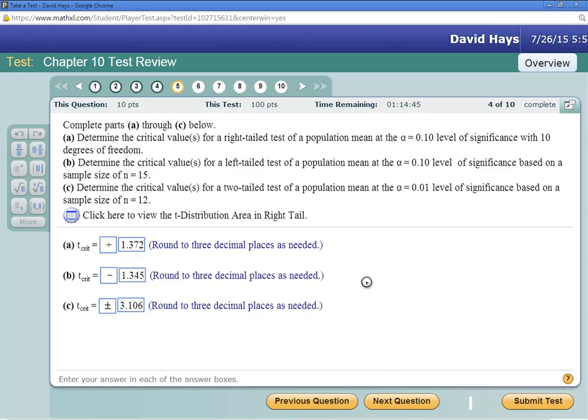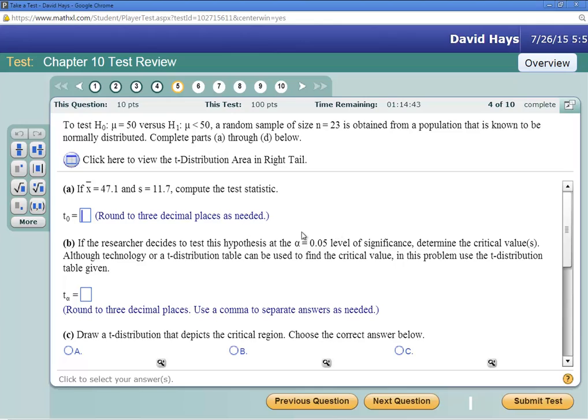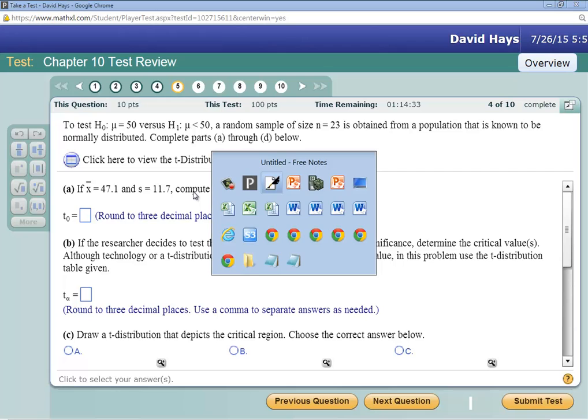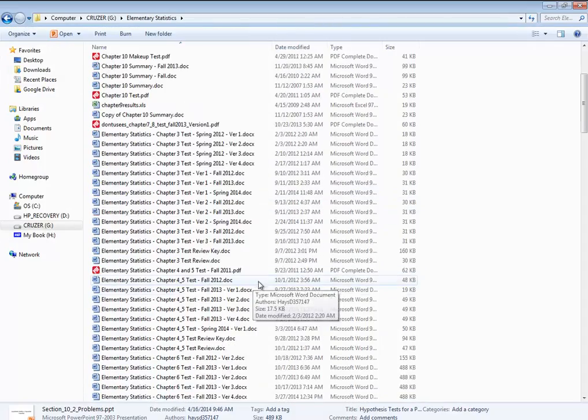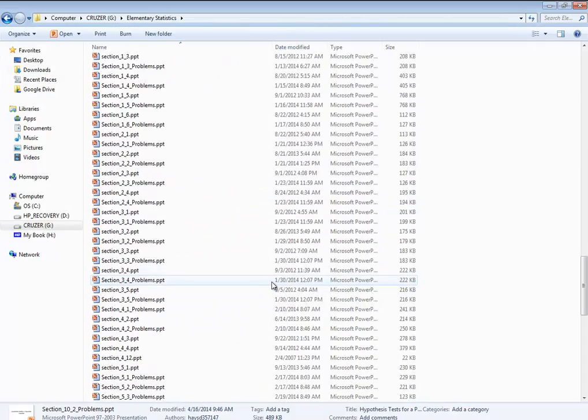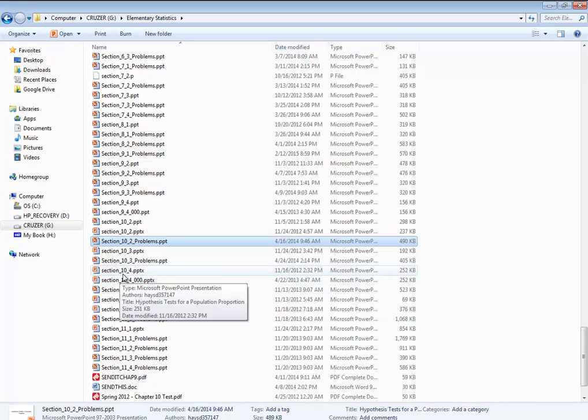Next question. Let's see, mean is here. Okay, compute the test statistic. That would be 10.3, I guess.